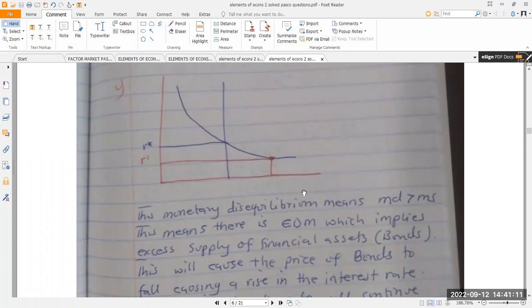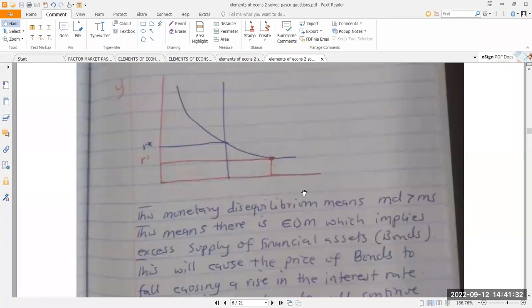So excess demand for bonds will lead to excess demand for money will lead to excess supply of bonds, which means that the price of bonds will fall. Okay, the price of bonds will fall. And I hope we all know that there's an inverse relationship between interest rate and the price of bonds.